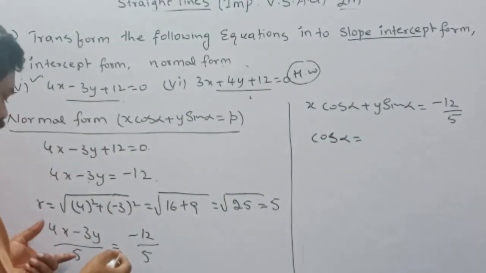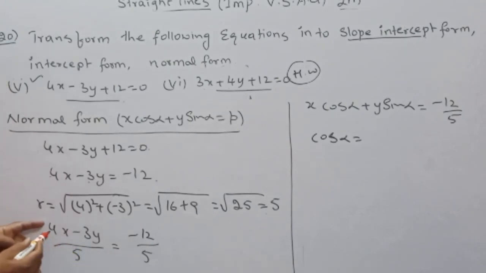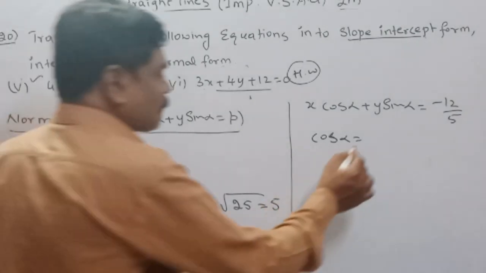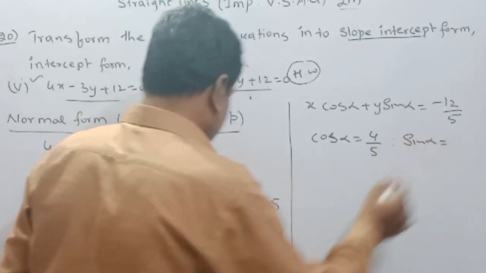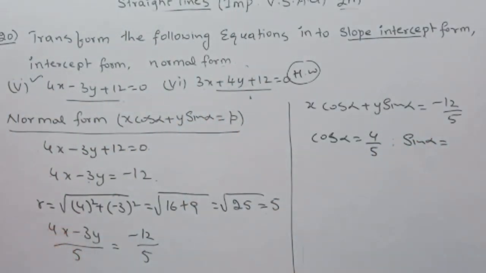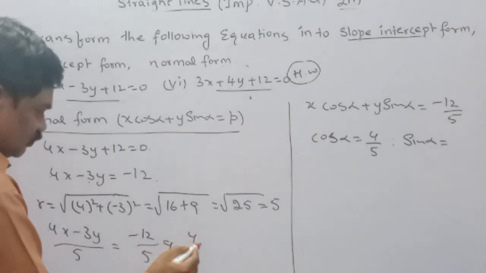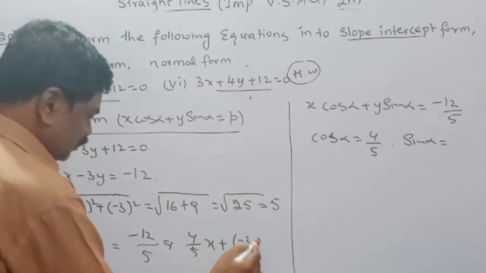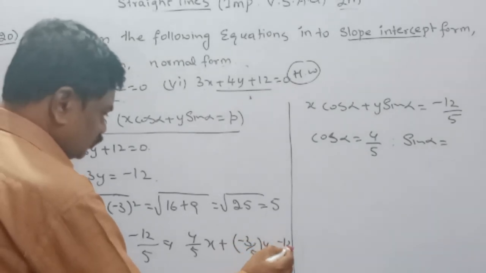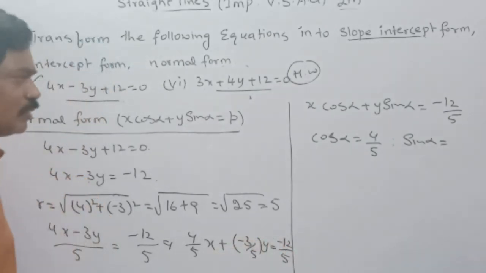So here you see cos alpha is equal to 4 by 5 and sin alpha is equal to minus 3 by 5. This implies 4 by 5 into x plus minus 3 by 5 into y is equal to minus 12 by 5.